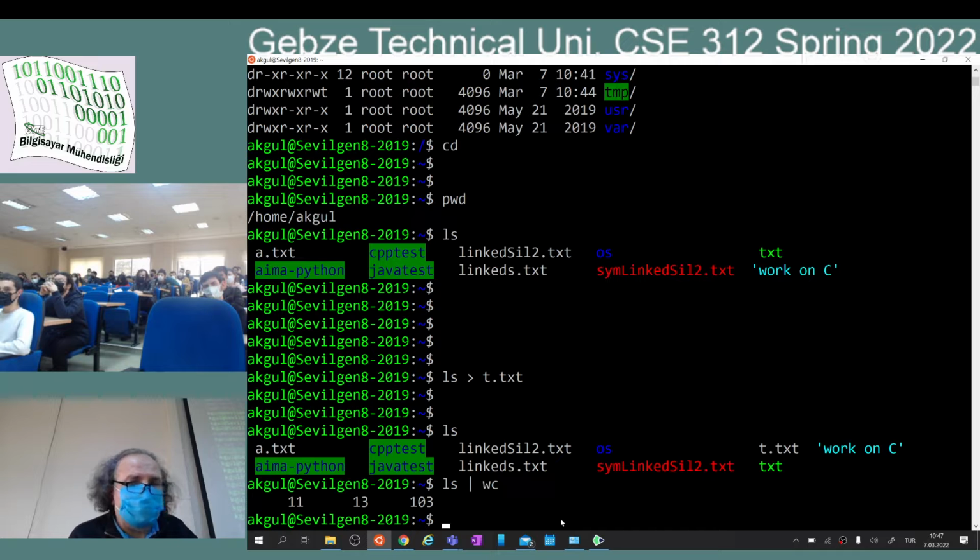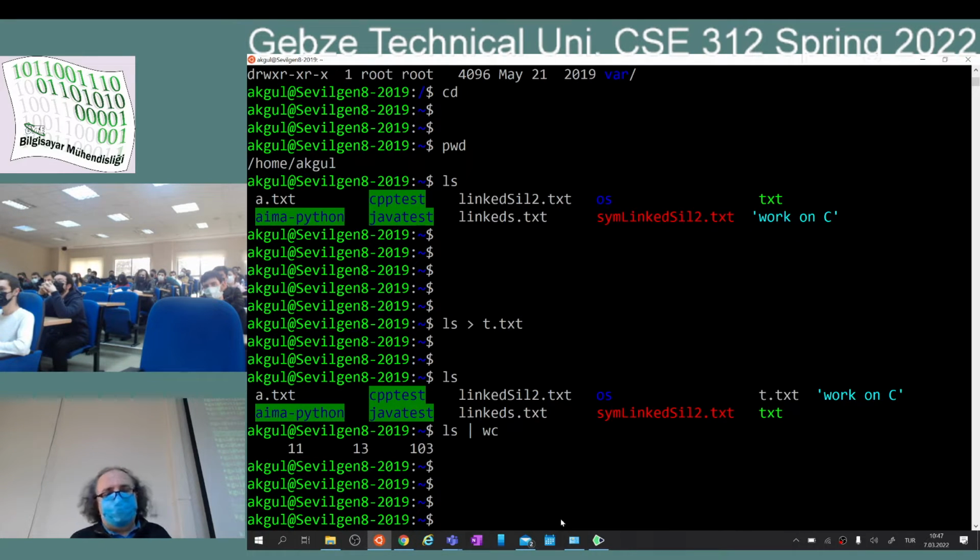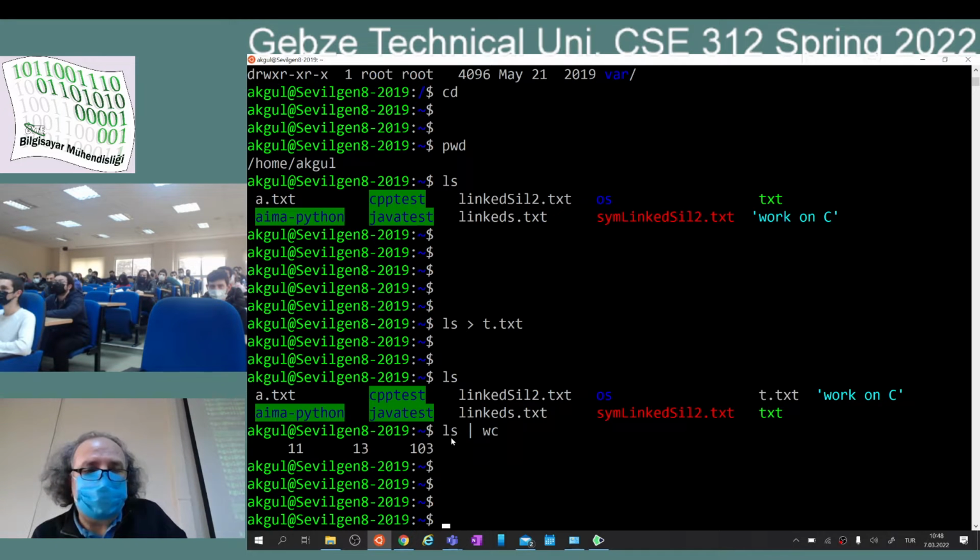I guess that was the meaning of it. So wc expects something from the standard input, but instead of getting the input from the standard input, I am telling wc that there is a special file. It's a pipe file, and you are going to get your data from this pipe, and this ls is going to write everything to that pipe file.